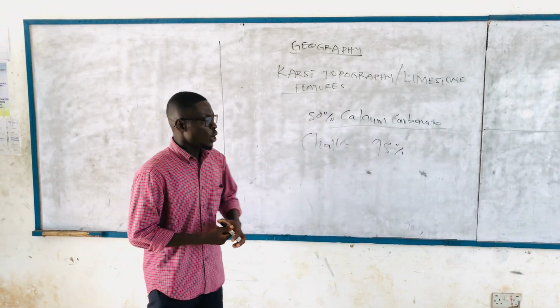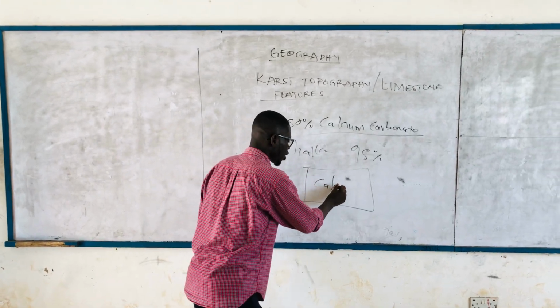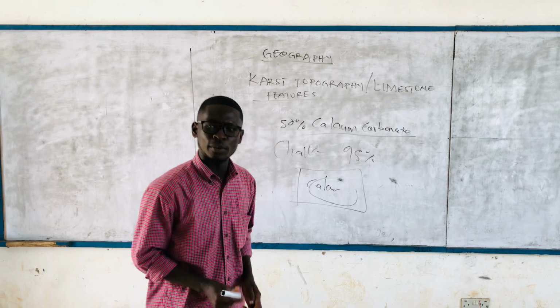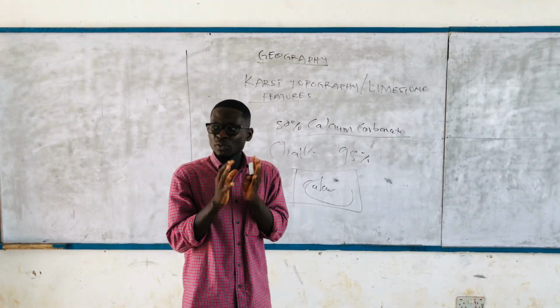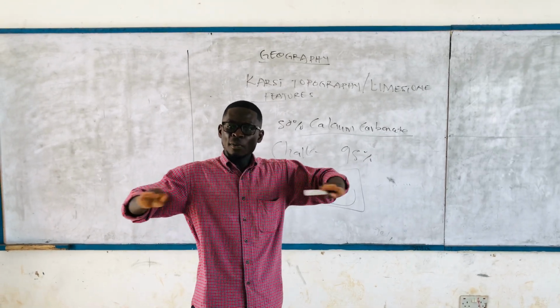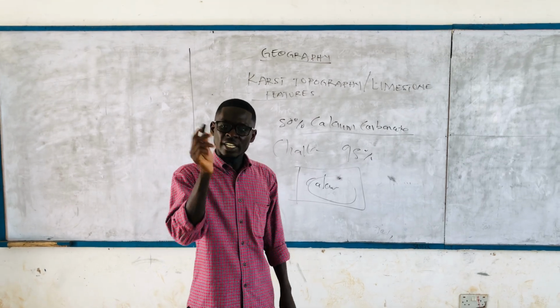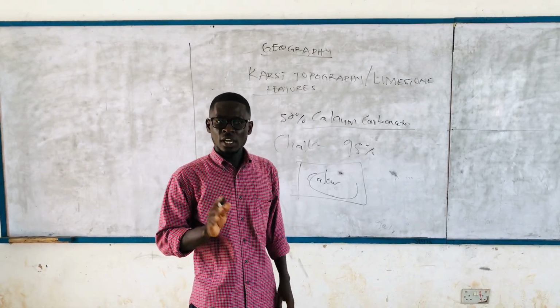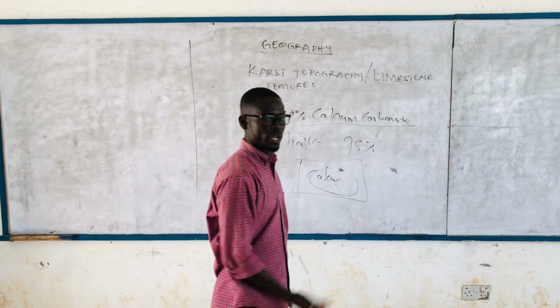So when you have a rock made up of calcium carbonates, in geographical terms, we are defining Karst topography. A Karst region is a region made up of calcium carbonates in a quantity of around 90% to 95%. So let's continue and understand how this process occurs.